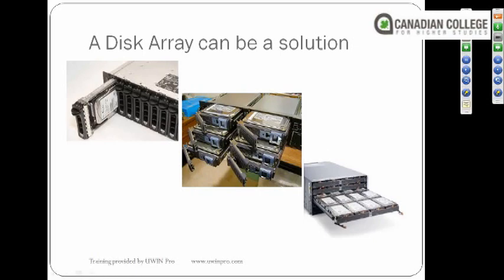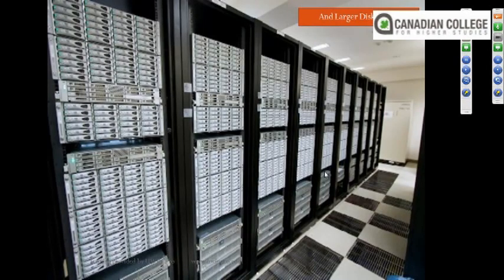Each hard disk will have a special connector. These are small disk arrays for small data. If you want to increase the data a little, maybe a few terabytes, you can use this. But the bigger solution in a company is something like this.